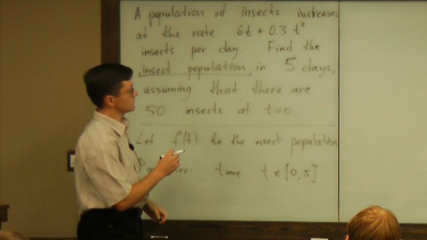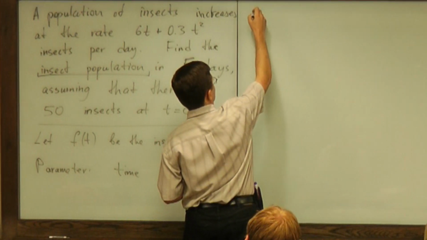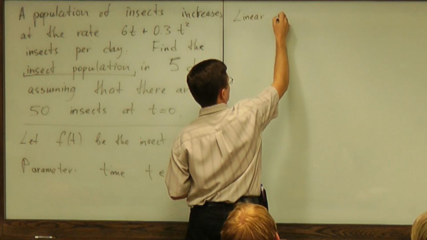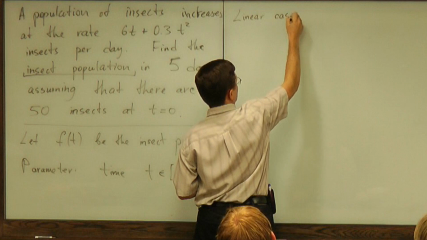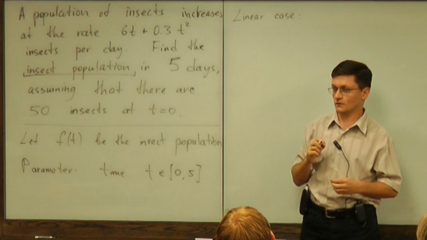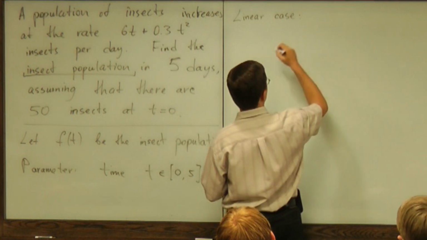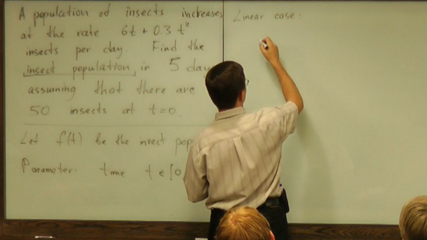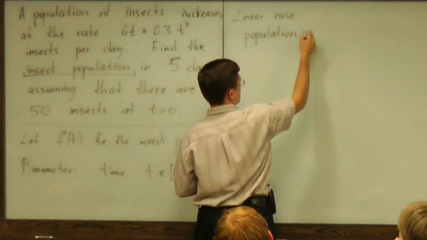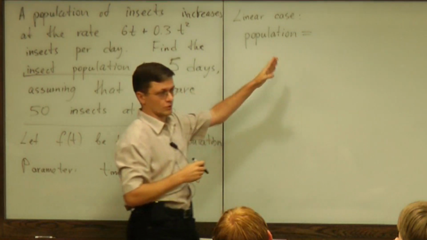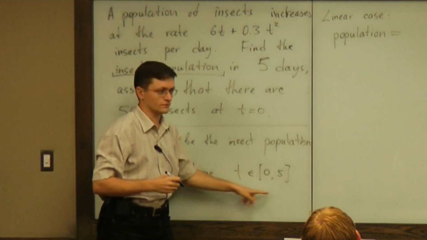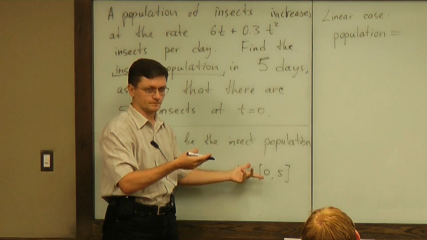And you begin with the simple case, linear case. When the situation is particularly simple, when your insect population can be written as a product, right? Time, interval of time times what?